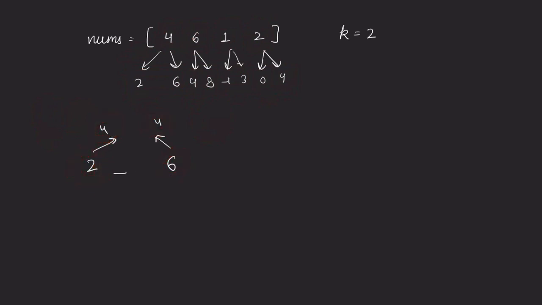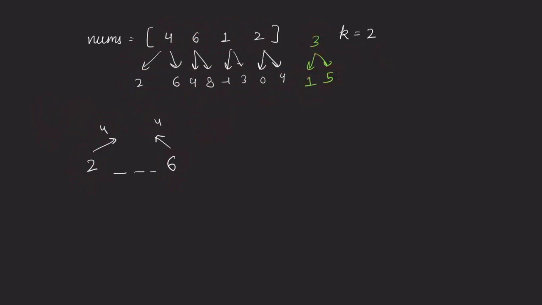Then whatever numbers are between 2 and 6, can they also be converted to 4? Yes. If we consider this 4, then it is already 4. Let us suppose a 3 was also present here. For this 3, the range would be 1 to 5. So this 3 would also be converted to 4, as 4 is present within this range.